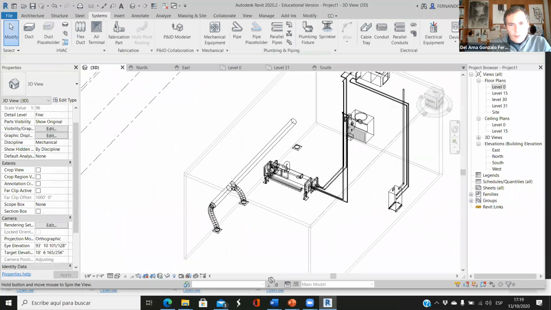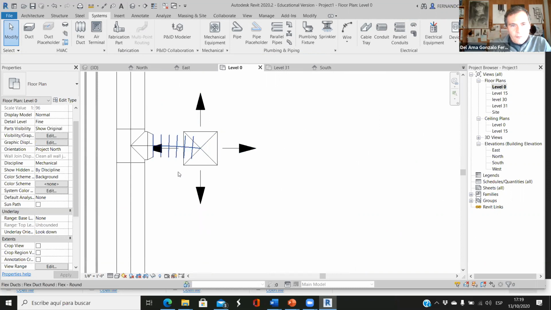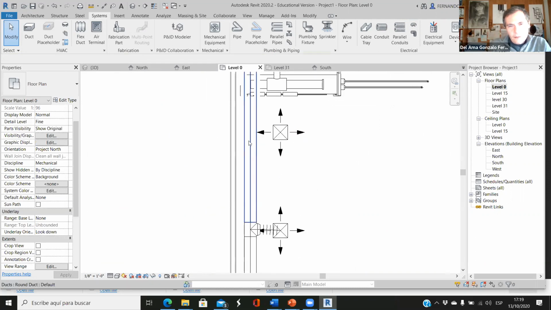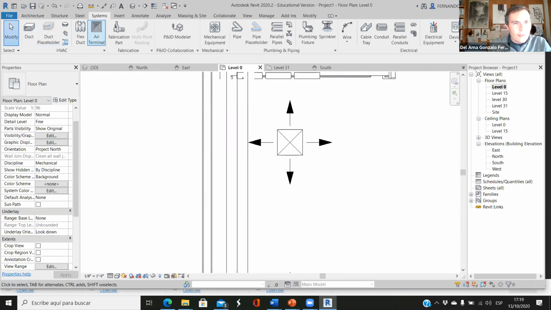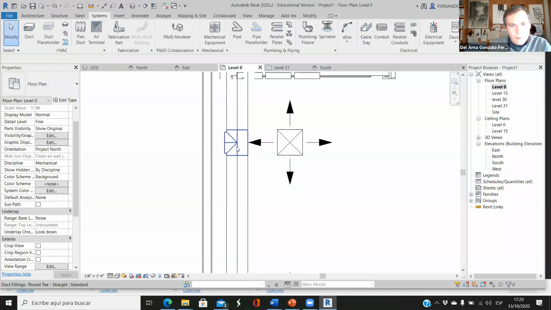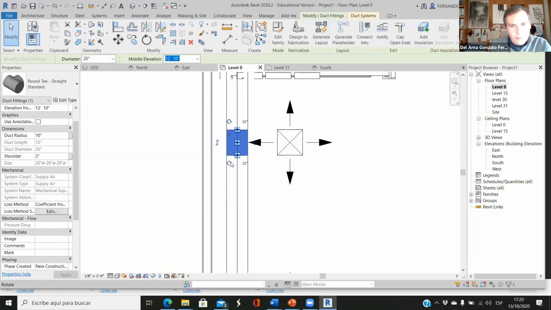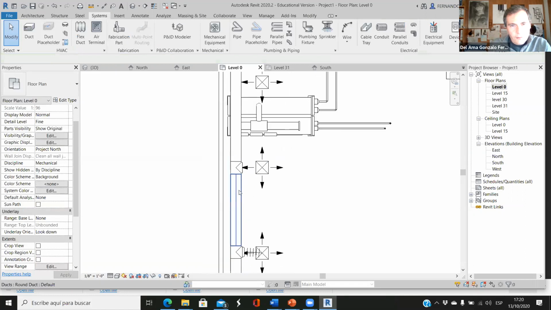And now I have to do the same with the rest of this, so I can insert another fitting. Here, rotate it. There you go.